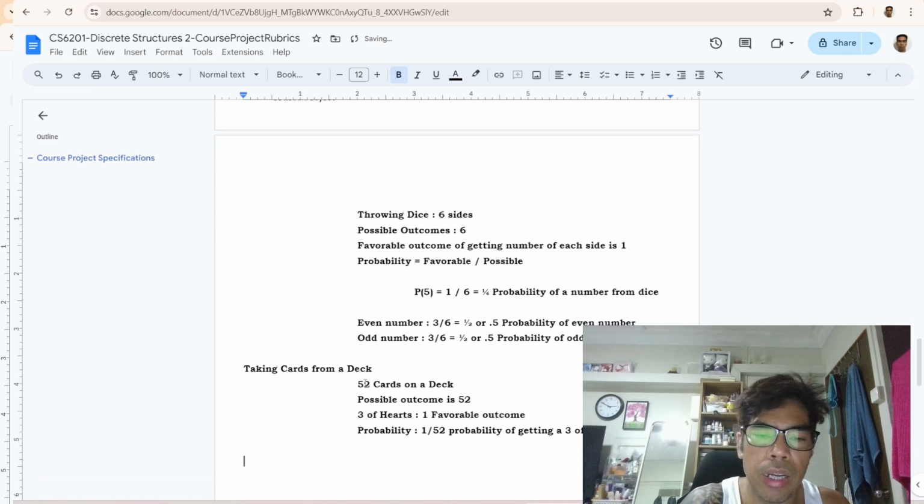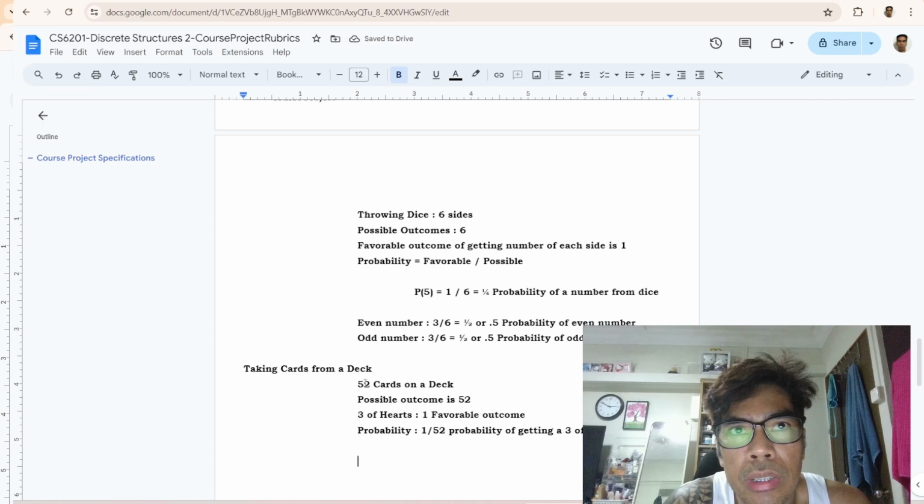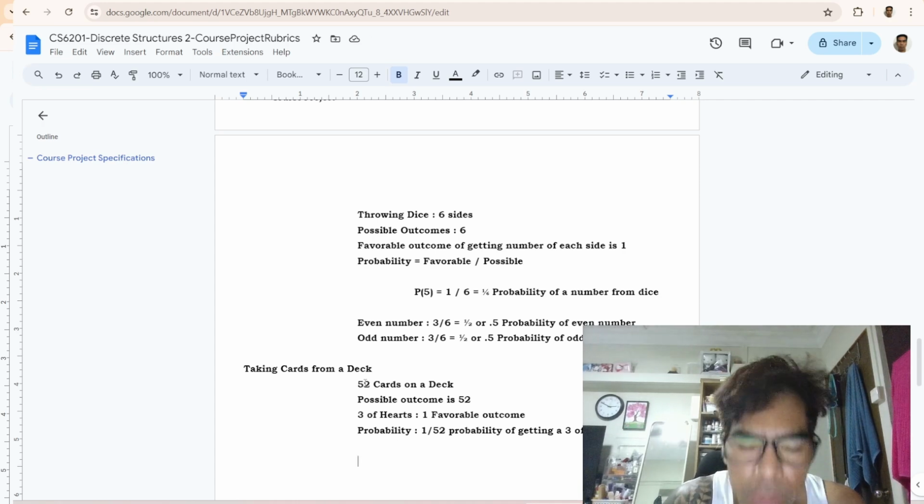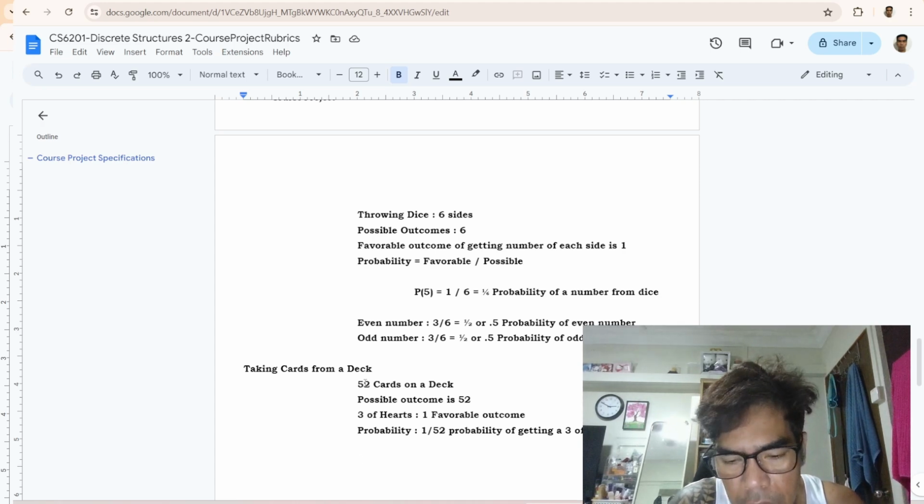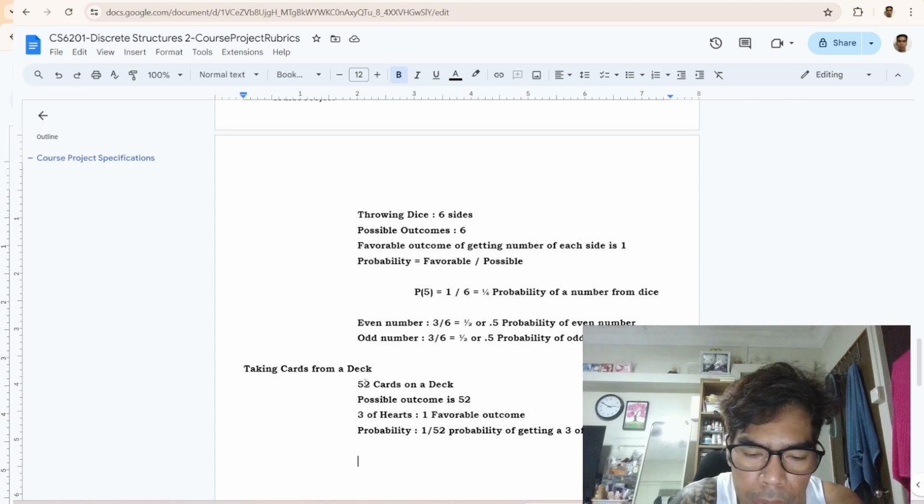As I said, we have other requirements, like the probability of getting a red card. How many red cards do we have? There are hearts and diamonds. There are 13 hearts from ace to king, then 13 diamonds, ace to king. So there will be 26 red cards.